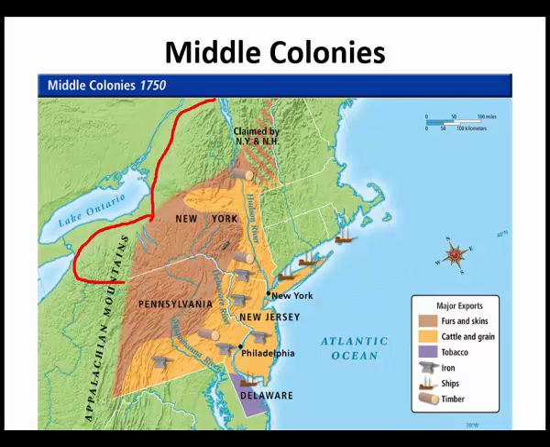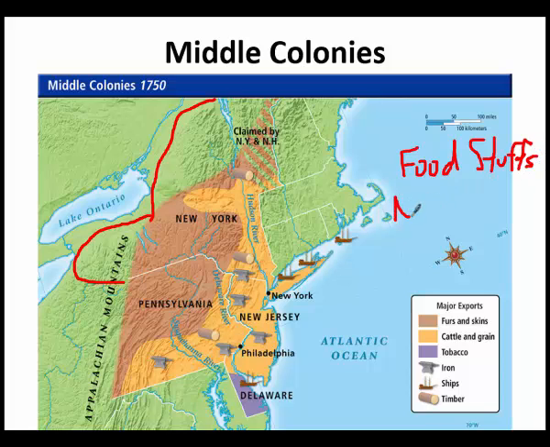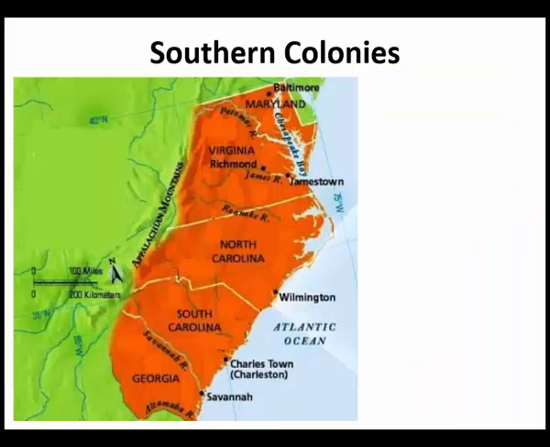So, long story short, there is going to be foodstuff farming and natural resources coming out of the middle colonies, and that's really all they do for a living, is foodstuffs and, I'm going to abbreviate, natural resources. So foodstuffs and natural resources is really the extent of what the middle colonies are providing to the picture here.